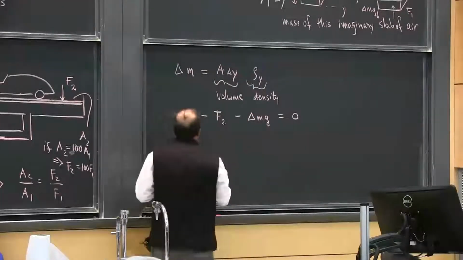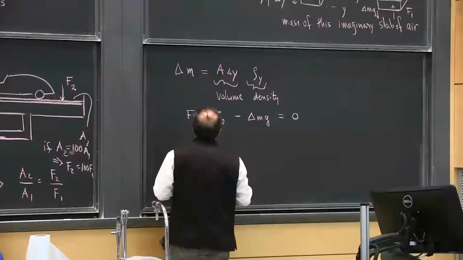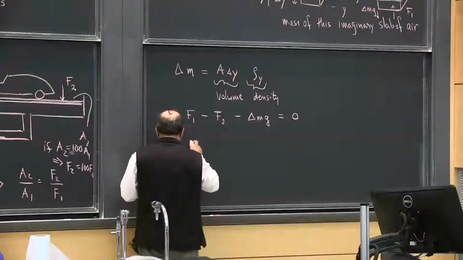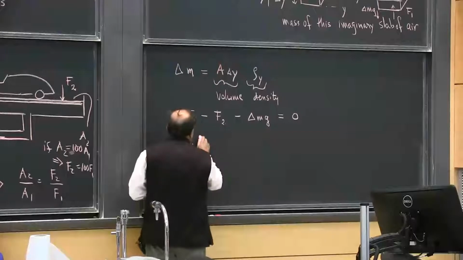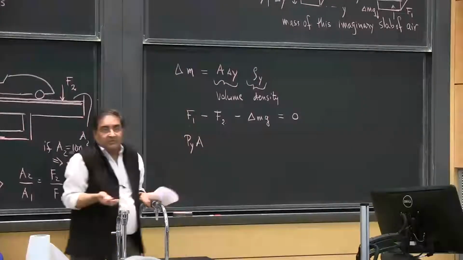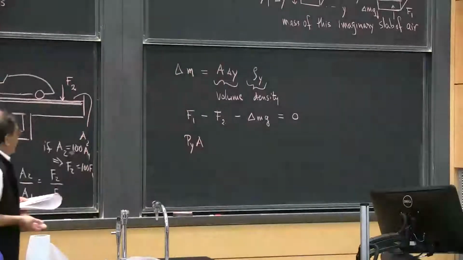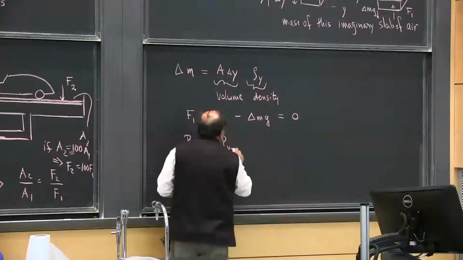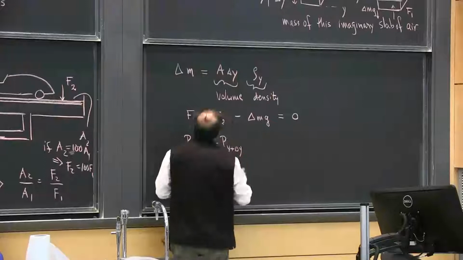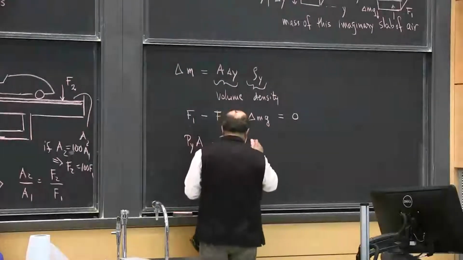So I can write F1 as the pressure at y times the cross-sectional area A, because pressure times area is force, minus the pressure at y plus delta y times A. See, now the height dependence is coming in.